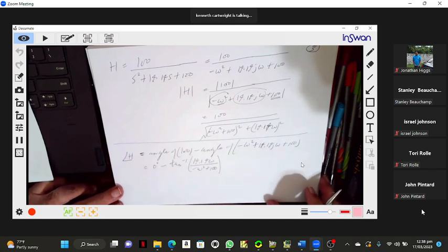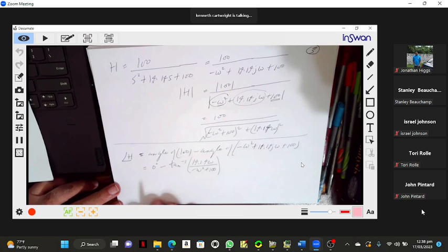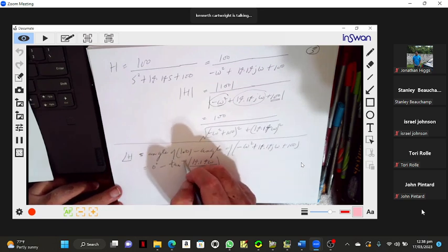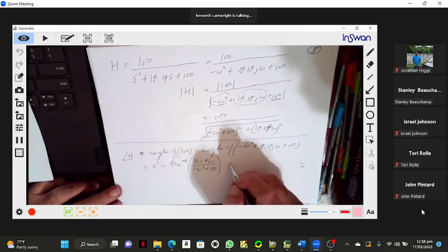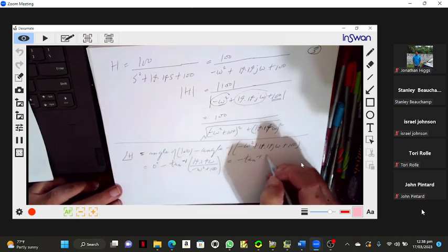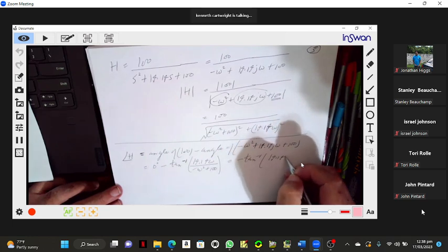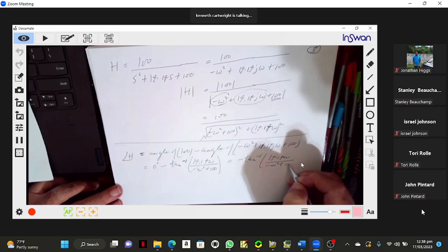Yeah, but when you put brackets where you don't need them, you just make the formula look busy. All right, so this is then negative inverse tan of 14.14 omega over negative omega squared plus 100.